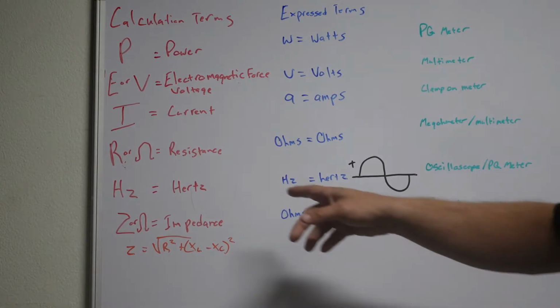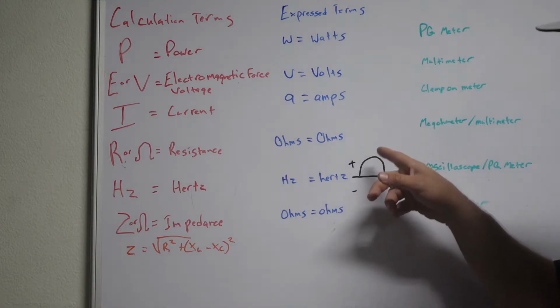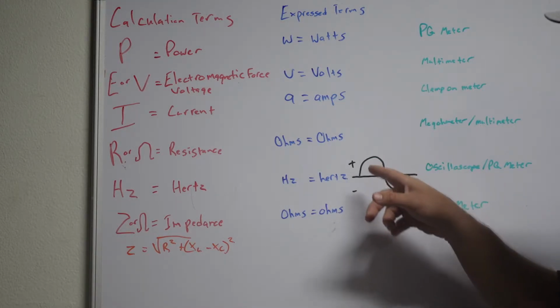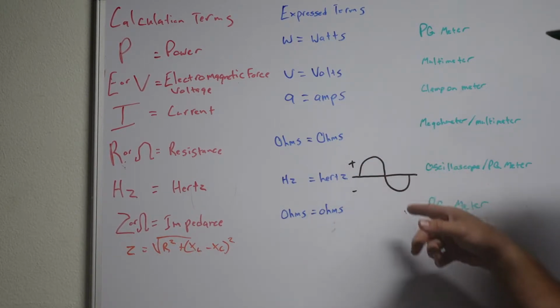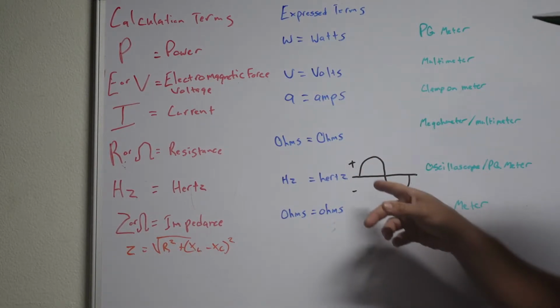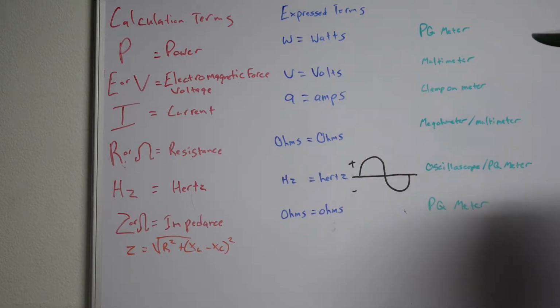So a hertz right here, this is the typical sine wave, plus and minus. When the generator is spinning, it's creating this due to the magnetism. This section here is 1 hertz. In the United States it's typically 50 or 60 hertz, mainly 60.